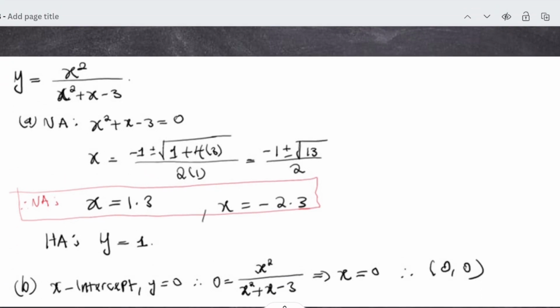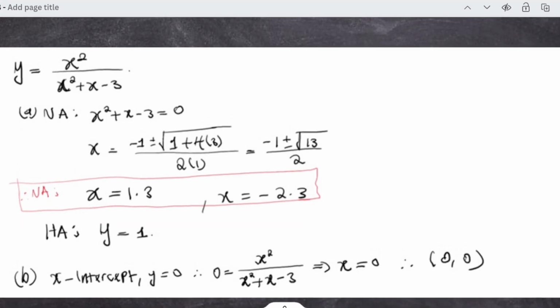The horizontal asymptote: because the degree of the numerator is equal to the degree of the denominator, we get the coefficient of x squared over x squared, which is just 1. Okay, so y is equal to 1 is the horizontal asymptote.